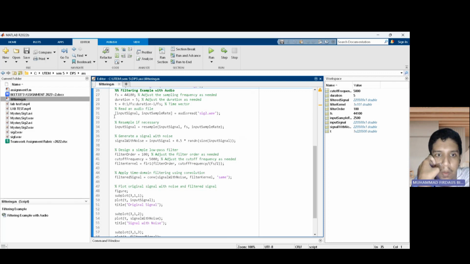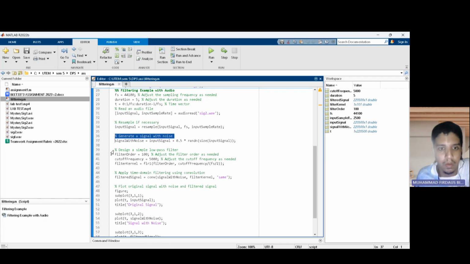In this line, it reads an audio file, which is the SIG2 wave file. In this line, it will resample if necessary, using the input signal's Fs as the input sample rate. This line generates a signal with Gaussian noise added to the original signal.